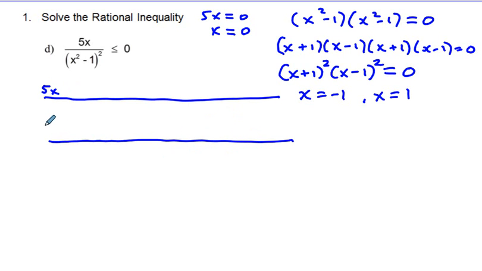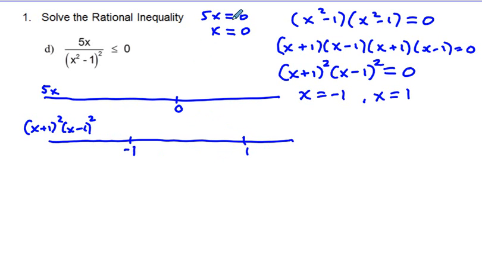And for the denominator, I'm going to write it like this: quantity x plus 1 squared, quantity x minus 1 squared. And then we look at the critical numbers we have, negative 1, 0, and 1. So I'm going to put negative 1 down here because that's for the denominator. I'm going to put 0 up here for the numerator and positive 1 down here for the denominator.